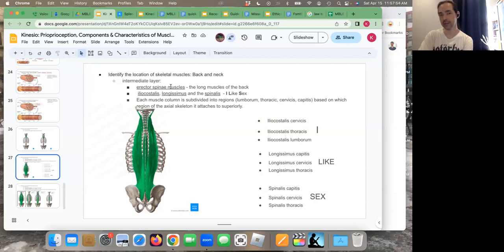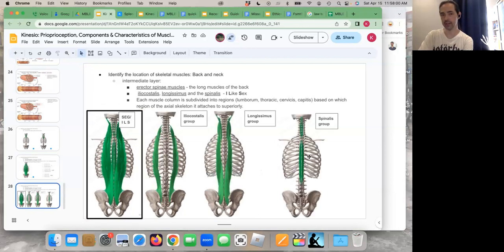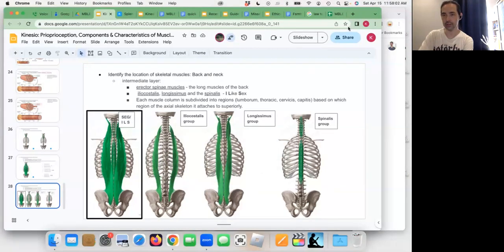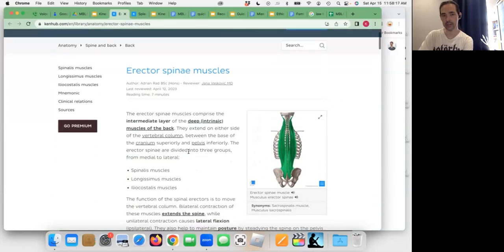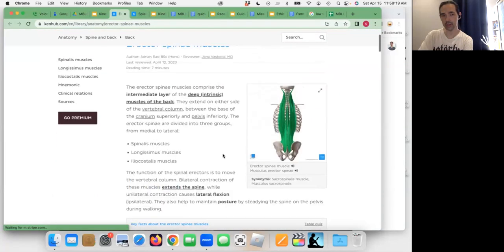erector spinae muscles, iliocostalis, longissimus, and spinalis muscles, right? So they look like this. You have the spinal erector group, which is also called the iliocostalis, longissimus, and spinalis group. KenHub has a nice breakdown.